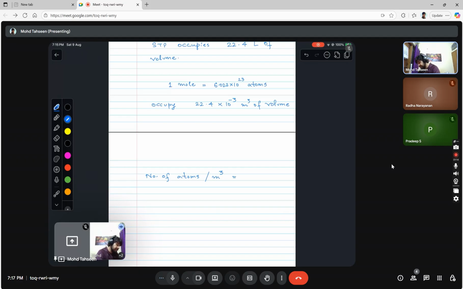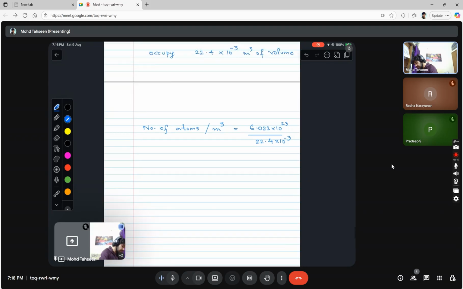These many meter cube has this many atoms, right? So 1 meter cube would have this divided by 22.4 times 10 to the power minus 3 atoms. So number of atoms per meter cube would be 6.022 times 10 to the power 23 divided by 22.4 times 10 to the power minus 3.